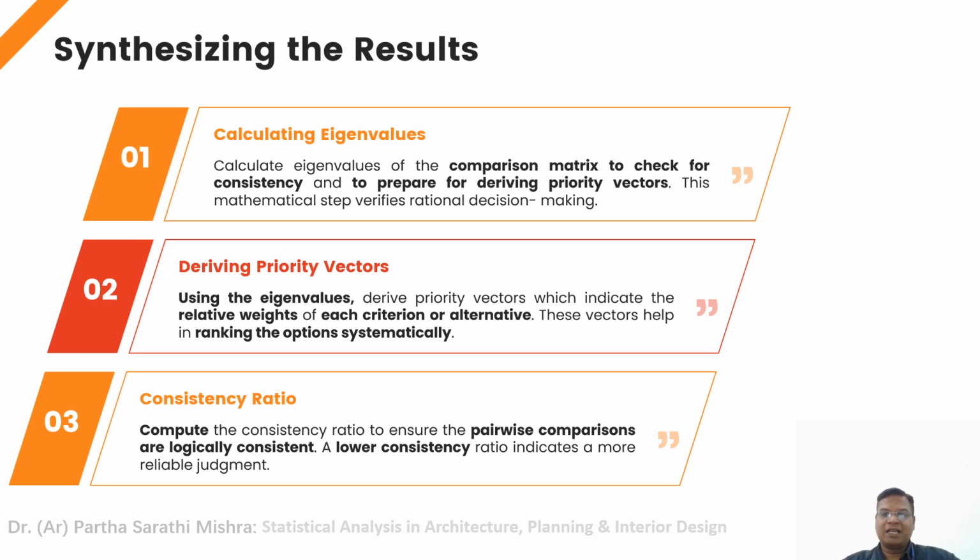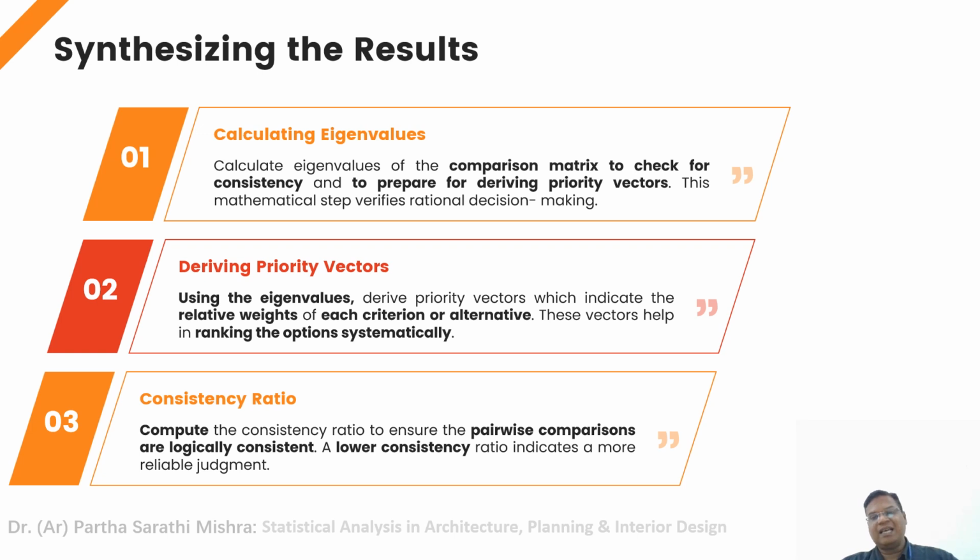For example, one of the experts, we have three parameters, suppose A, B, C. So checking the consistency among the experts means whether the consensus among the experts is there or not, whether they are saying the same thing or not. Suppose some of the experts are saying yes, then we have to consider it. If all the experts are saying no, then also there is consensus.